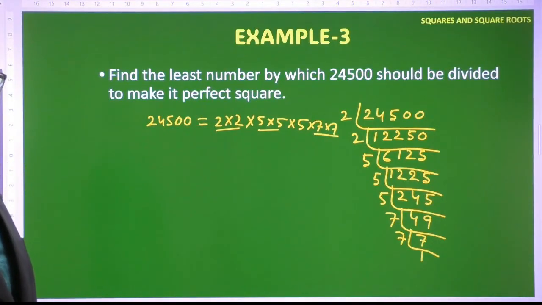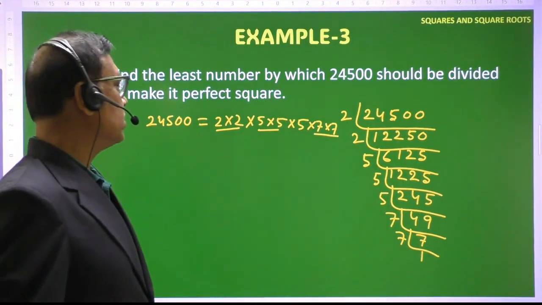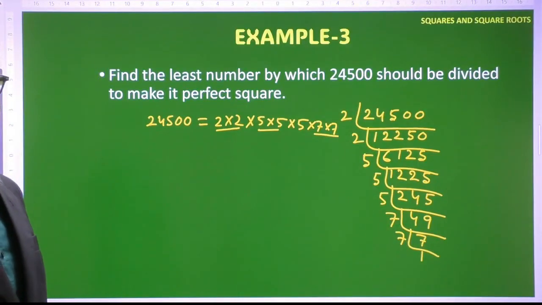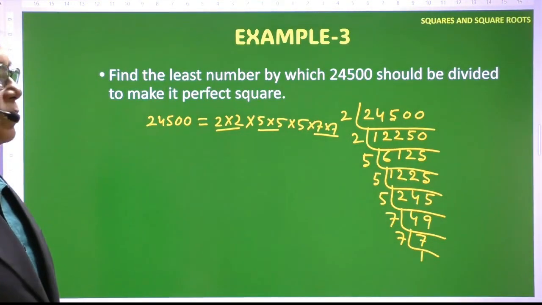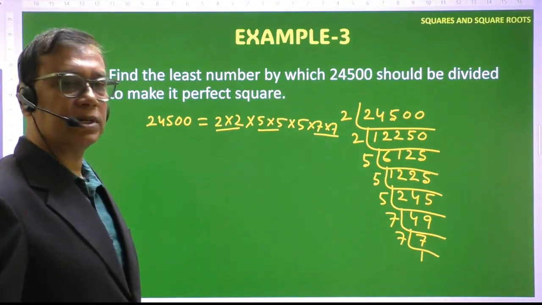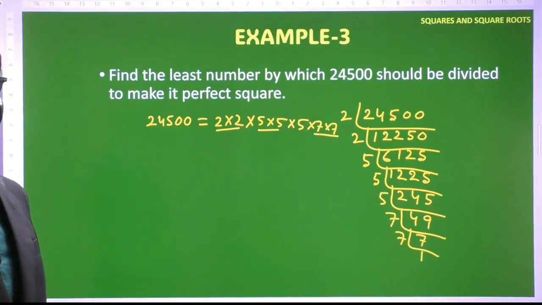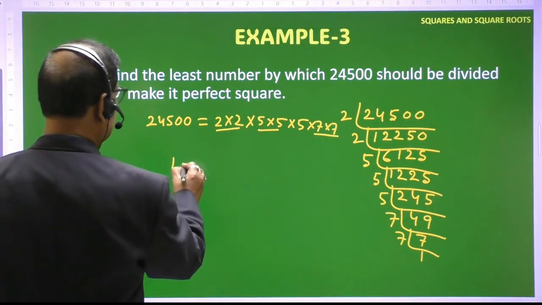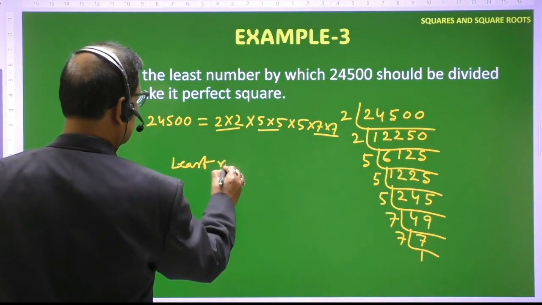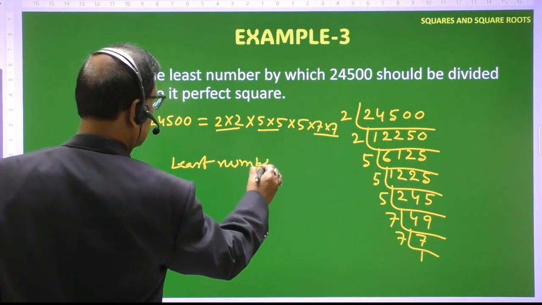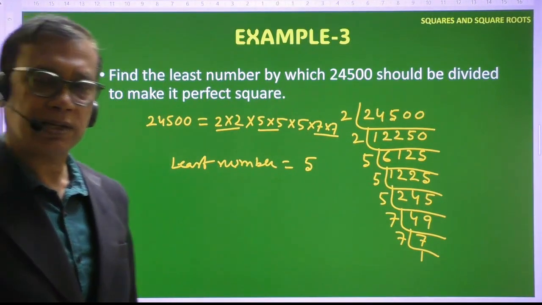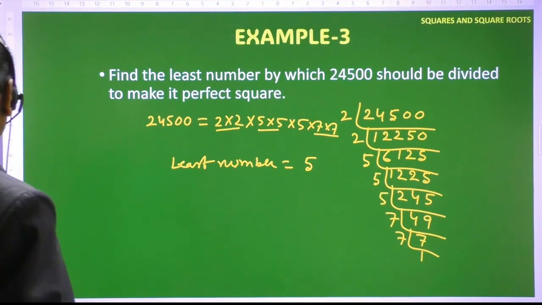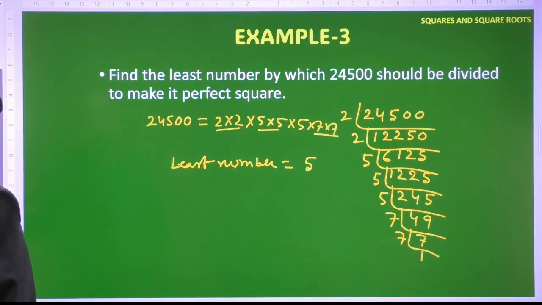It's not possible to pair this 5. So obviously 5 is the least number by which the given number should be divided to make it a perfect square. Yes or no? So here the least number is equal to 5. This is the answer. Yes. So example 3 is completed here.